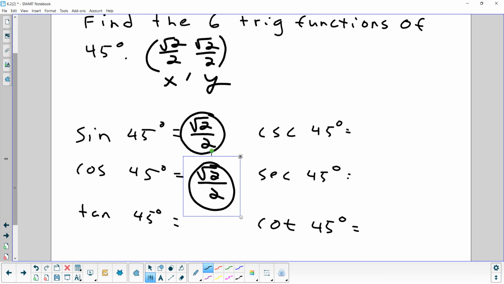Well, the y and the x are the same. So what am I going to get for the tangent of a 45-degree angle? Yep, 1. And now, Eli, once I have the 3 on the left, what do I do to get the 3 on the right? Flip them. I'm going to do cotangent first, just because I think that one's quick. What do you get when you flip 1? Yep, 1. It stays the same.